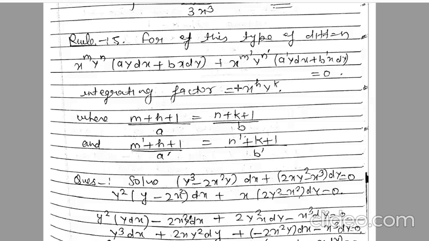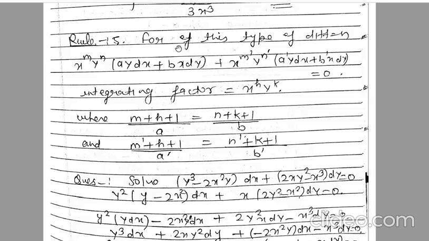If the equation is x to the power m, y to the power n, (ay dx plus bx dy) plus x to the power m dash, y to the power n dash, (a dash y dx plus b dash x dy) is equal to 0, then our integrating factor will be x to the power h, y to the power k.